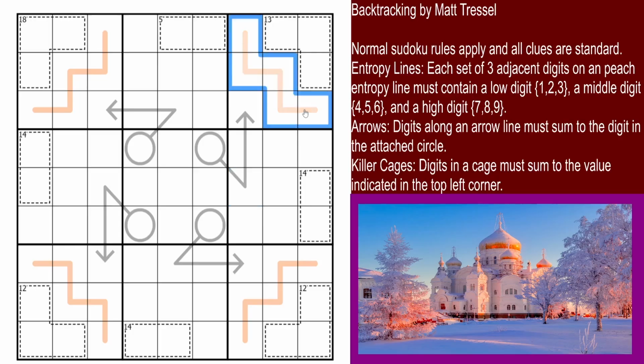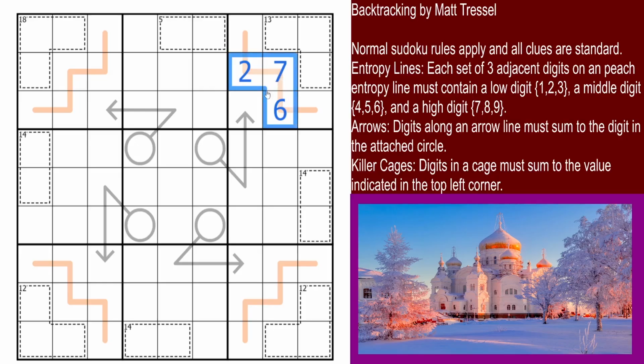Okay, so these are the lines, 4 lines we can see. What are the properties of these lines? Let's take these 3 digits. Any 3 continuous digits must have a high digit, which is 7, 8, or 9. Then it should contain at least a low digit. So let's say 2 is the low digit, 7 the high digit, and 6 the middle digit. A low digit is between 1 and 3, a high digit between 7 and 9, and a middle digit between 4, 5, 6.